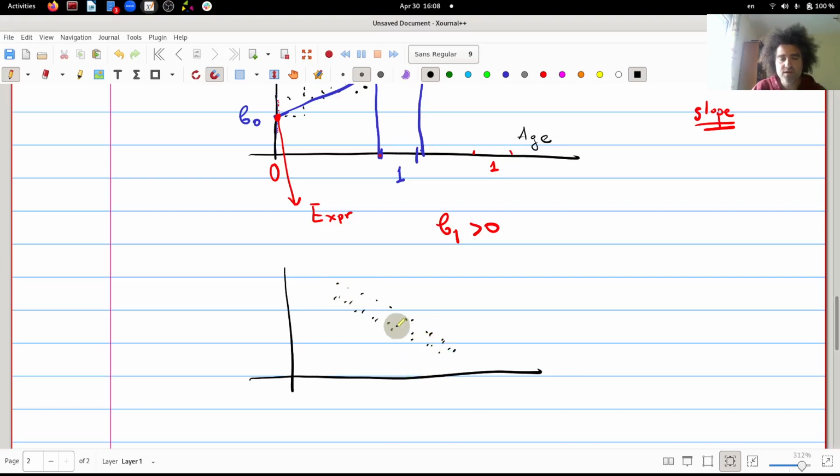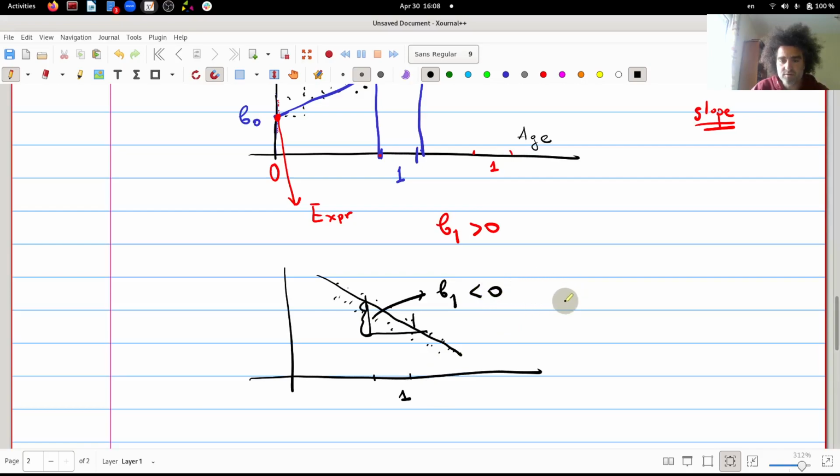So what we have here, again, is a linear model that fits the data well, but in this case, when the age increases by 1 unit, then the expression level is predicted to decrease by this amount here. Since the expression level is predicted to decrease, then beta 1 will be negative.